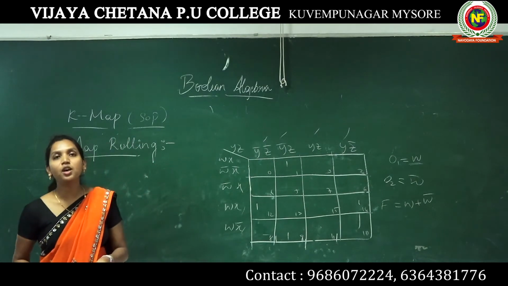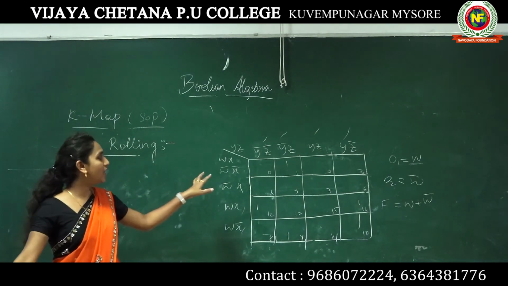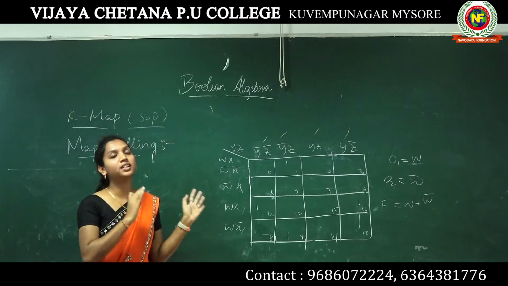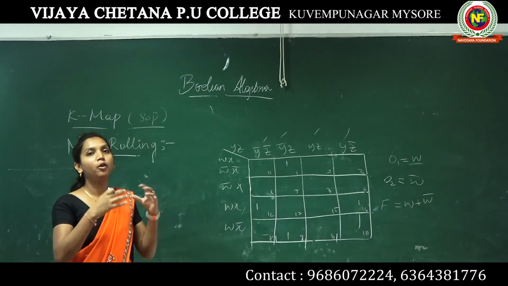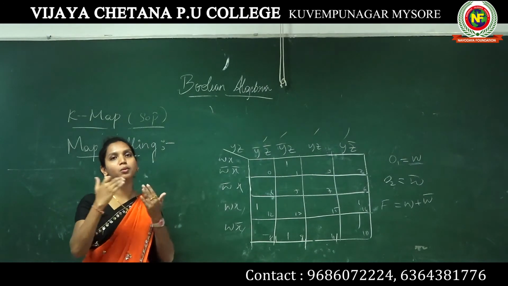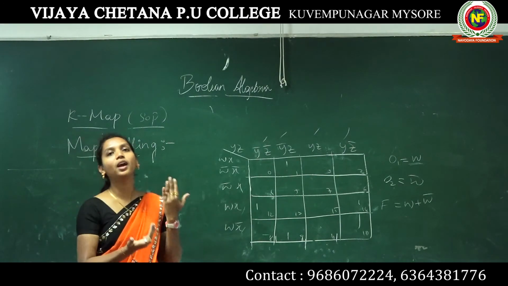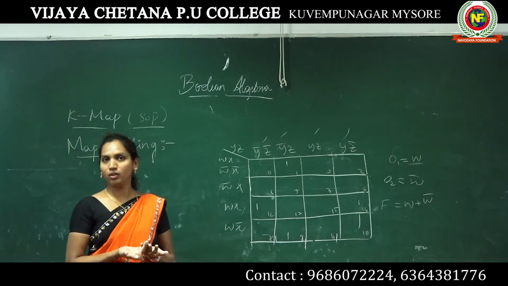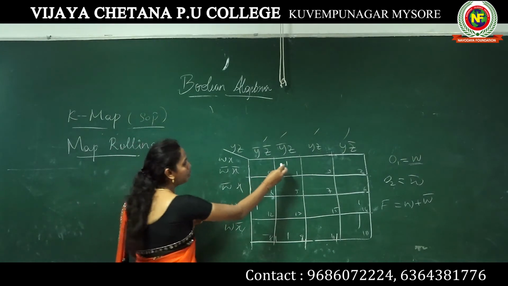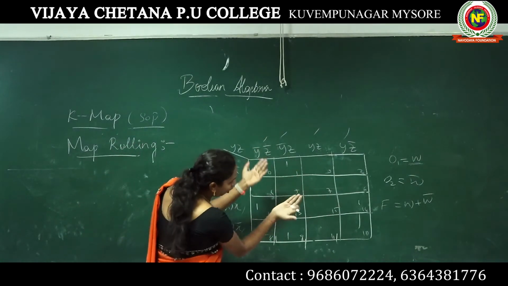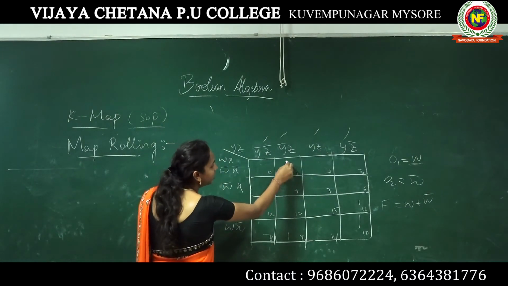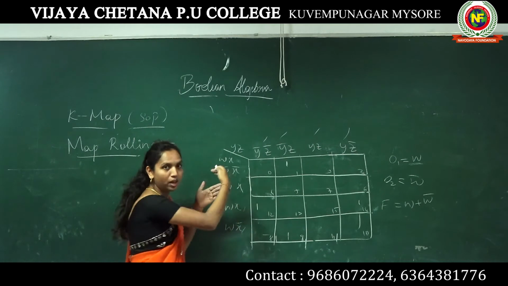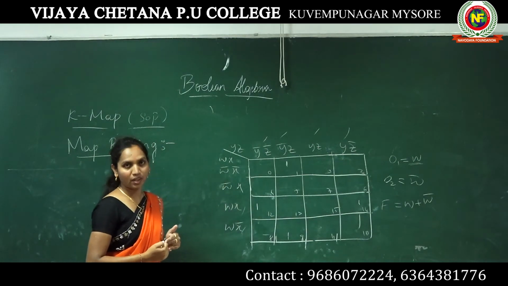So this is how you make a pair if there is any. If it doesn't have any pair, quad or octet, you have to make one: if possible make a pair, if possible make a quad, if possible make an octet. Okay, see here. I'm rolling this map to the opposite side. When I roll this opposite side, you will get these ones together, which means adjacent ones, right?